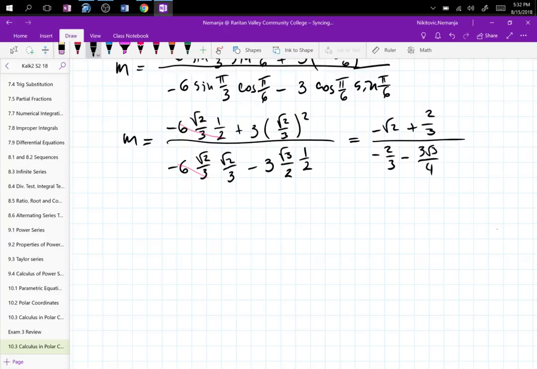Then we're going to do times 12 to kill all of the double fractions.